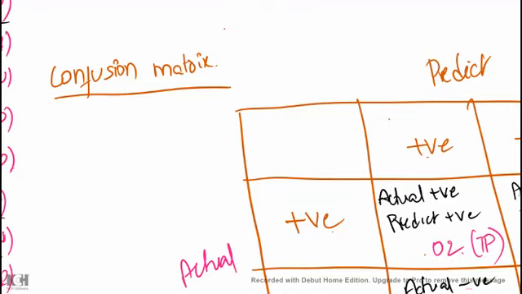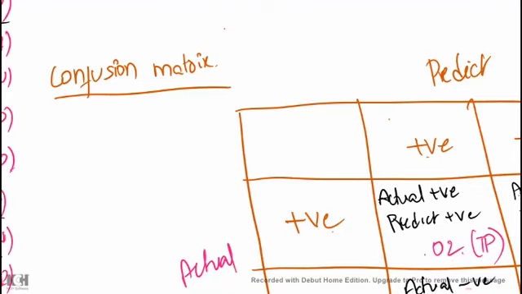Now, coming to the next one, called precision. How precisely have you predicted? Precision says preciseness. You have precision for positive, and similarly precision for negative. Guys, if you want to understand this in a simple way, the only thing you have to do is not write simultaneously.